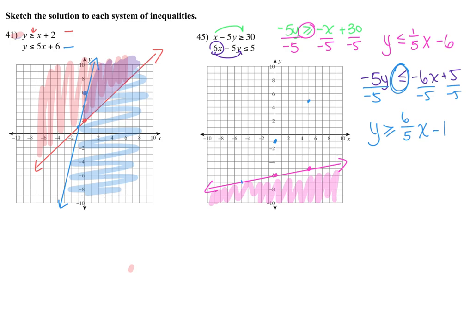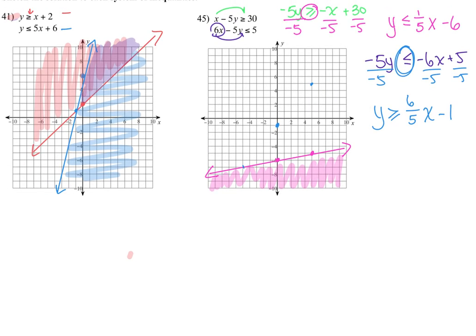But now, am I shading above or below this line? Above or below this line based on my final answer here? Above the line. So in this case, above the line is actually over here. So if I'm shading above this line, I'm shading right here. And there's only one tiny little piece where they cross, which is right there.